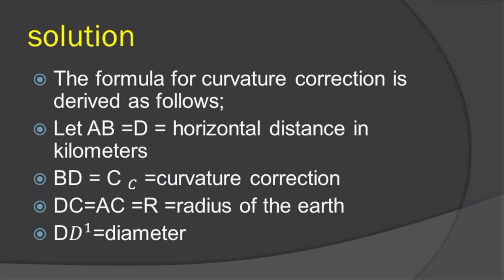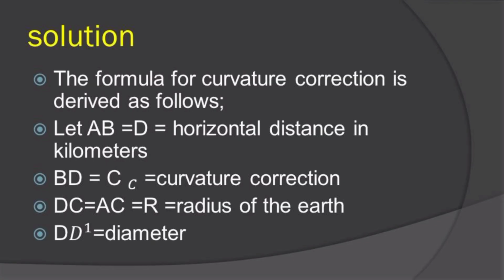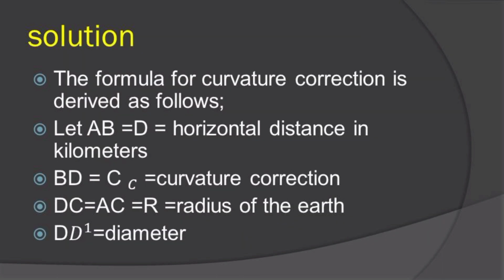And then distance DC, which is the same as the distance AC observed there in our diagram, that is the radius of the earth. So DC is the same as AC, that is the radius of the earth given as R.